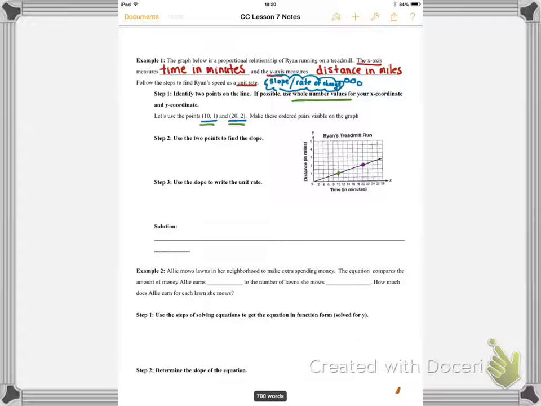And to find our slope, we're going to do what you've been doing to find slope, which is to find the change in y over the change in x. So we take our y value minus y value, and we're going to put that over x value minus x value.